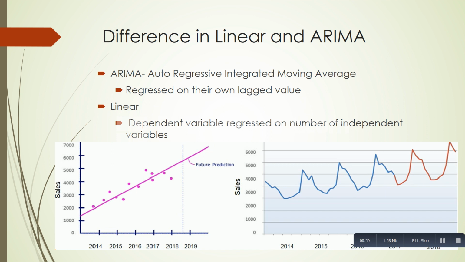As we can see in the second chart, there is a trend moving upwards. These problems are tackled by the ARIMA model and not the linear model. That's the reason ARIMA is preferred over linear regression.